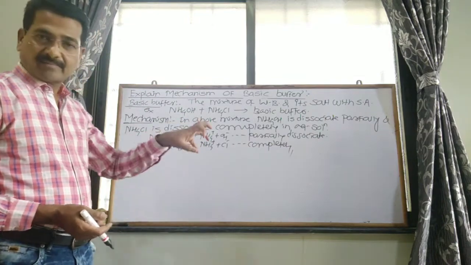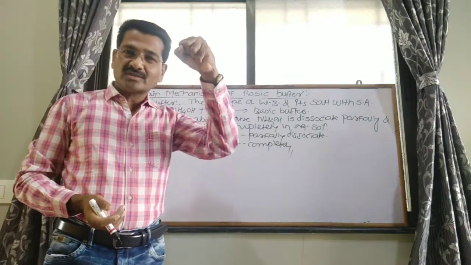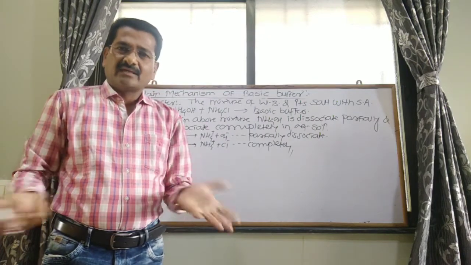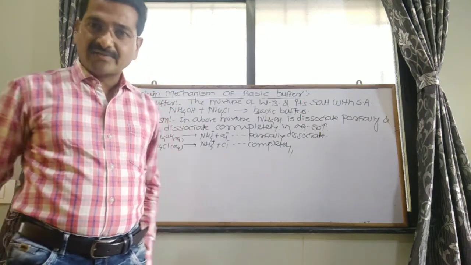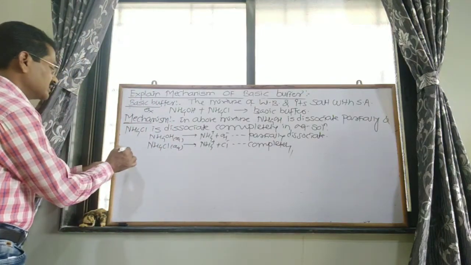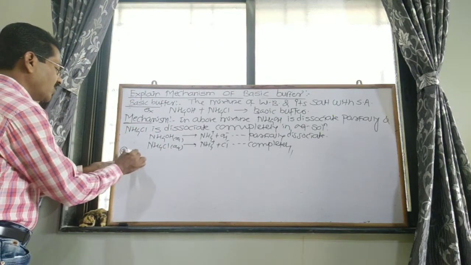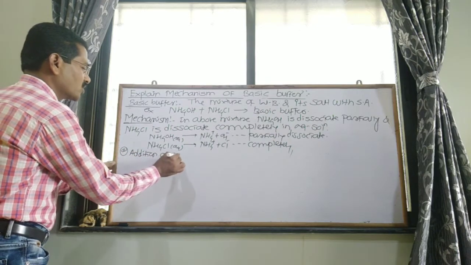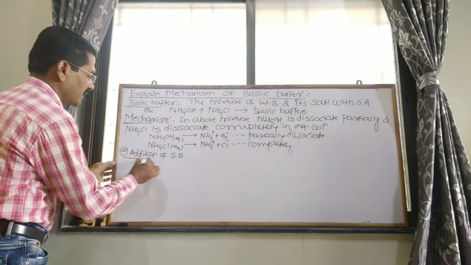In that mixture, add both strong acid and strong base in small quantity and see the result on the buffer solution. So first of all, see the addition of strong base.